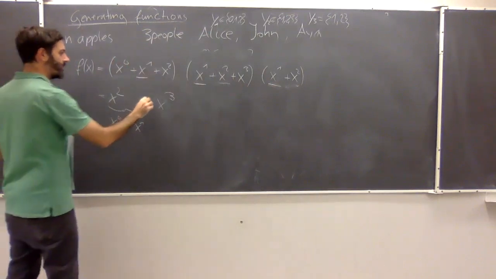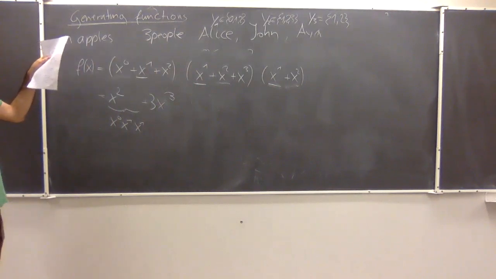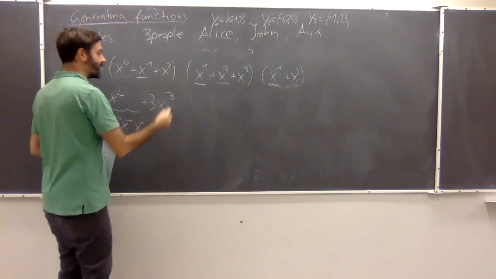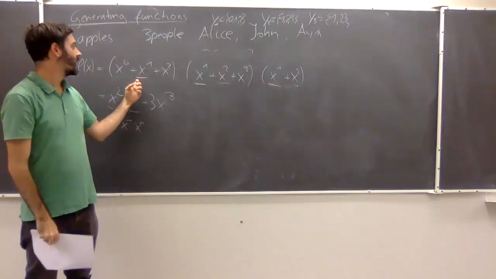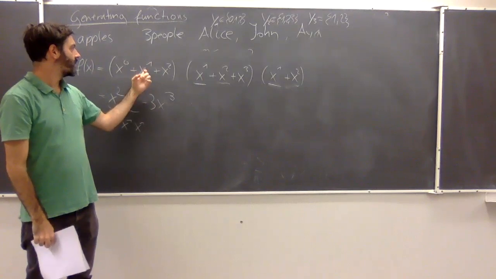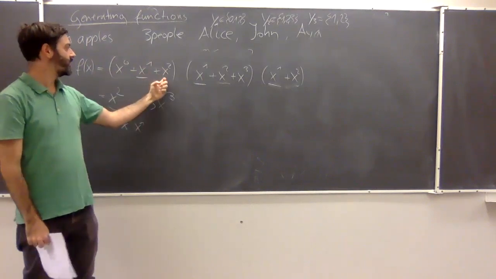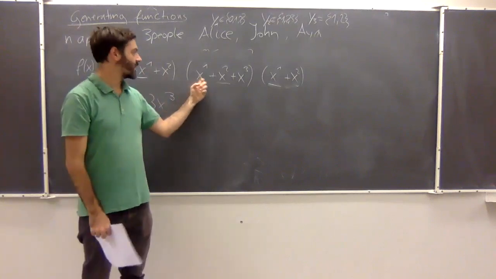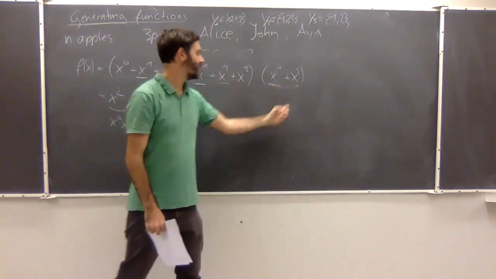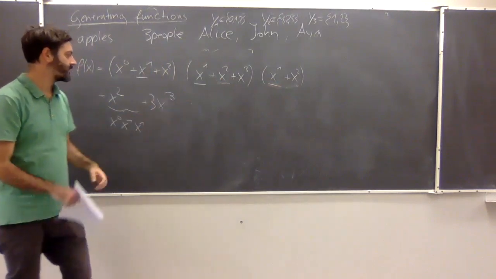And if I'm adding all these up, then is this actually a 3? Yeah, the coefficient of x to the power 3 tells me in how many ways I can choose my x from this sum, my x from this sum, and my x from this sum, such that if I'm multiplying them together, I'm getting x to the power 3.